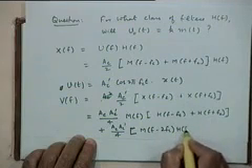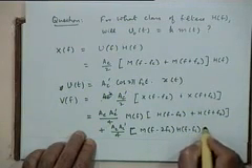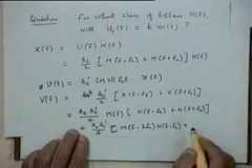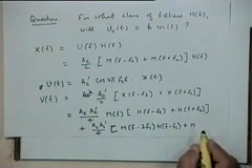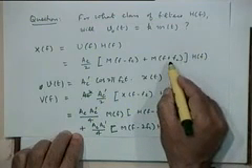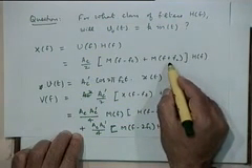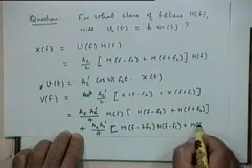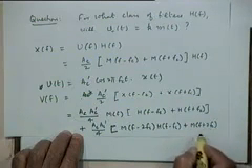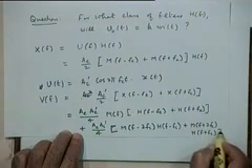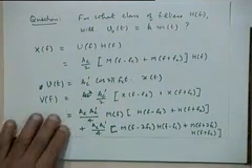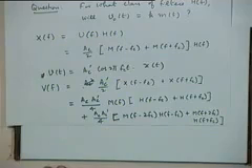H of f minus fc, plus M of f, this will come from here, and we are shifting it to the left again by fc. So this will become M of f plus 2fc into H of f plus fc, right? Please see this carefully and see that you are convinced.